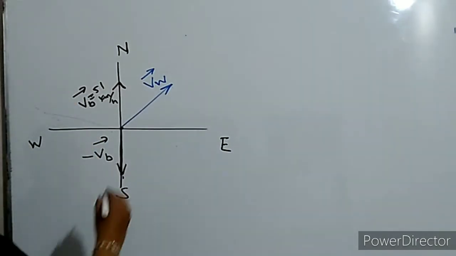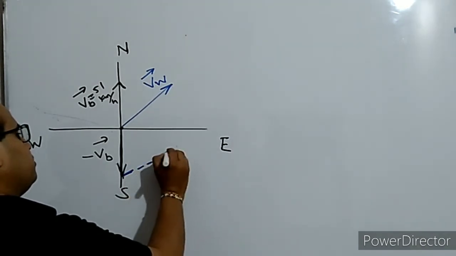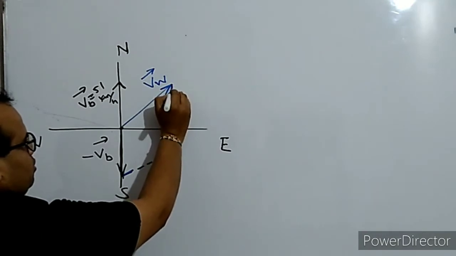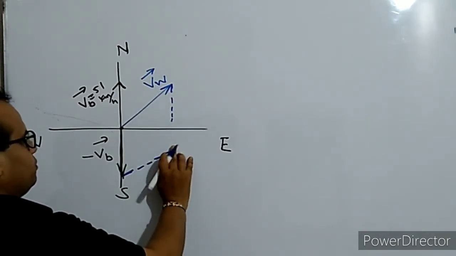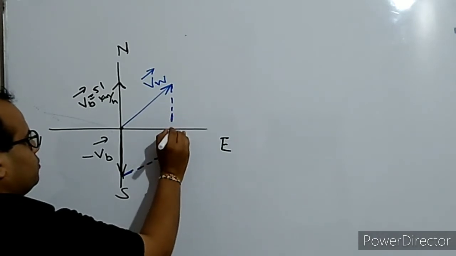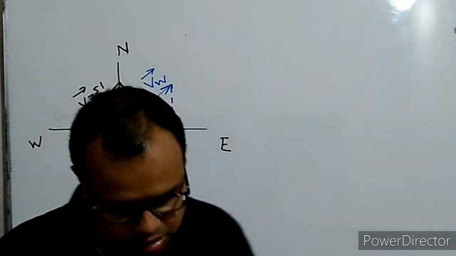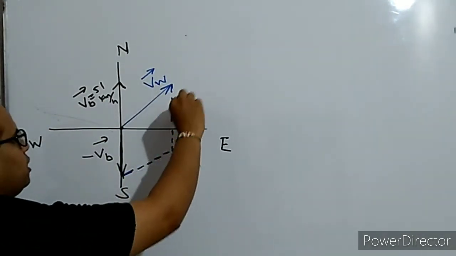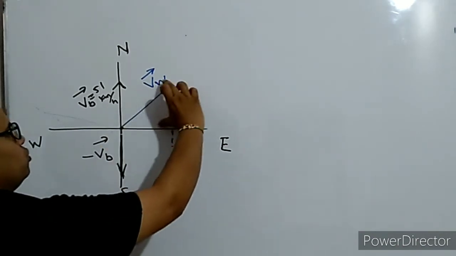For that, you will first draw a line parallel to it like this, and then draw another line parallel to the other one here. So you will complete a parallelogram first. Once you have completed it, these two should be equal.